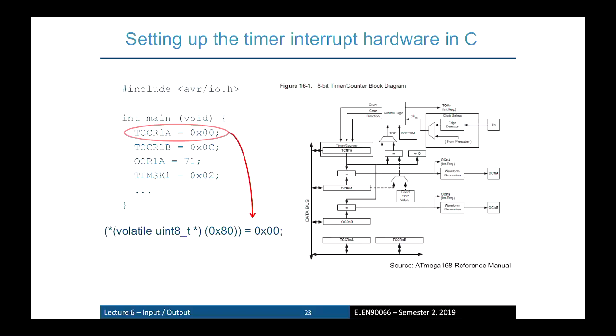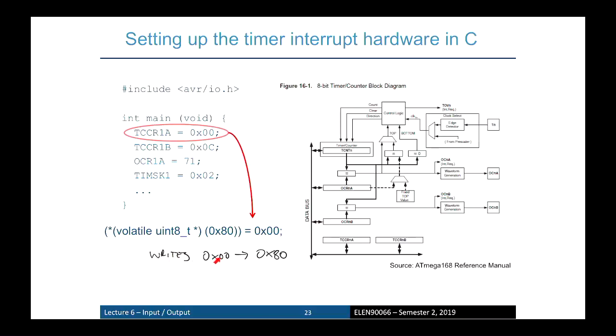What this whole line really does is write the value 0x00 into memory location 0x80, hexadecimal. Remember, we're down at the bare bones, the bare metal of this thing.